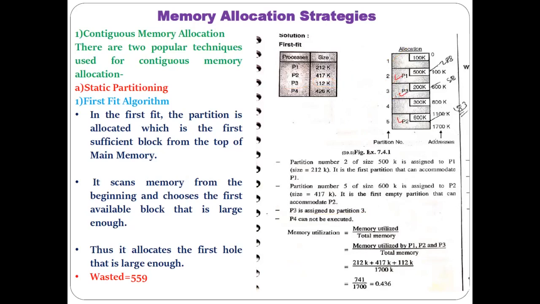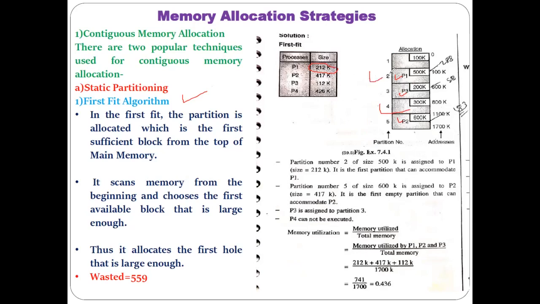Understood? Now you might get the question: this P1 size is 212K. So why have we not allocated partition number 4 to the 212K? But that is not possible according to first fit. What is first fit saying? Allocate the partition which is the first and which is large enough.